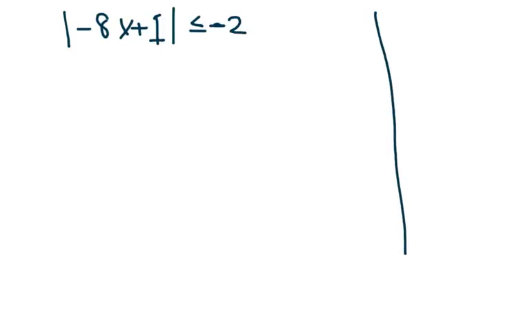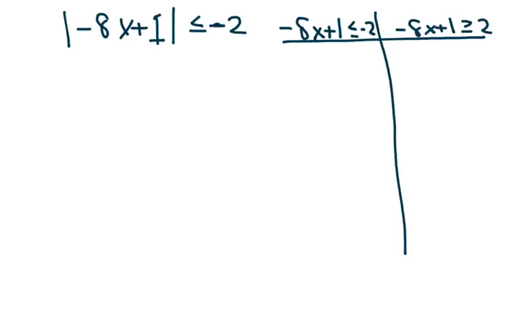Okay, the next one is absolute value of negative 8x plus 1, let me make my 1 like this so you can tell that's a 1, less than or equal to negative 2. So let's see what happens with this. I'm going to draw my table. I get negative 8x plus 1 is less than or equal to negative 2, and negative 8x plus 1 is greater than or equal to positive 2.